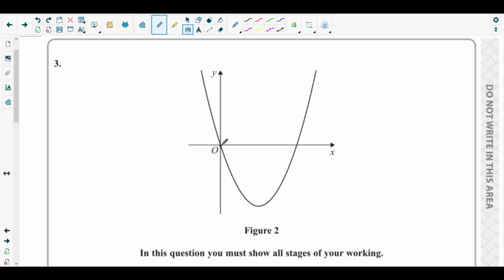So the curve will be exactly like this, symmetrical.